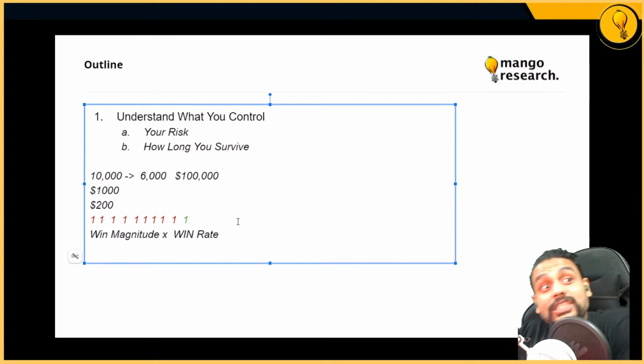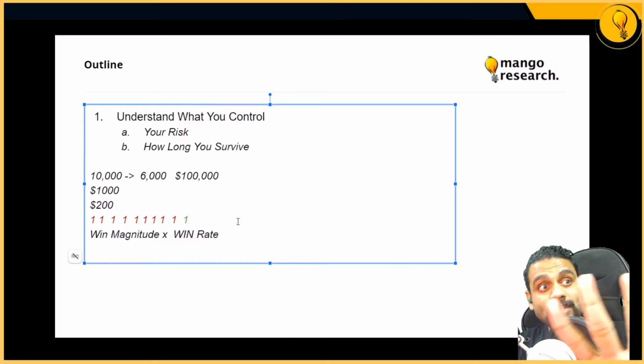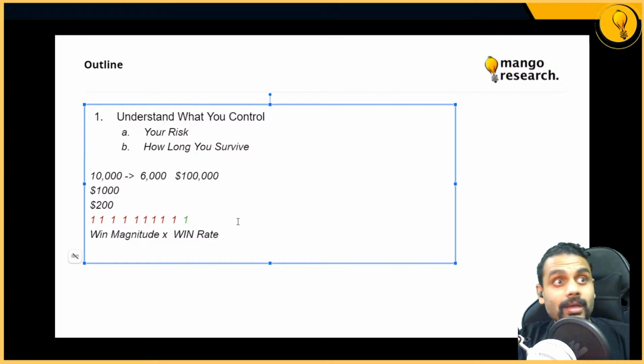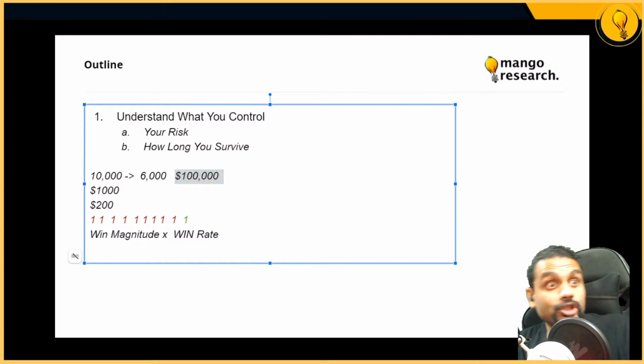What if my trading strategy is that? Where I am okay with only a 10% win rate, right? I'm okay with only a 10% win rate. But when I do win, I win like this. Am I a good trader or am I a bad trader? Okay, I've lost 90% of my trades. Am I a good trader or am I a bad trader if my trading strategy was successful and I nailed that win?